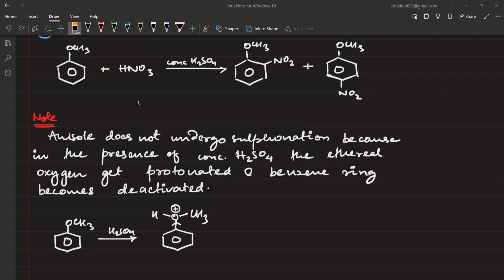There is one good question about ethers in your NCERT. Let's do that actually.